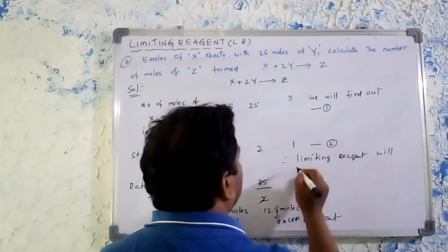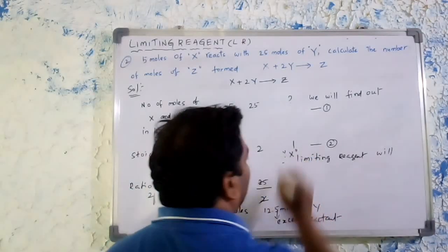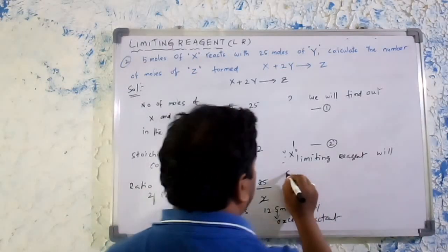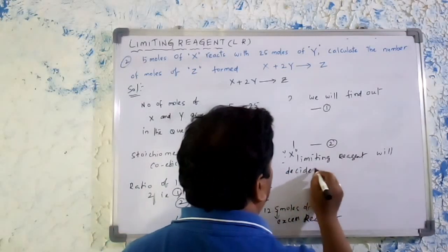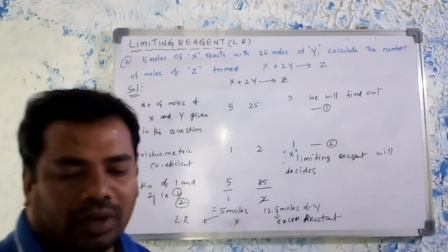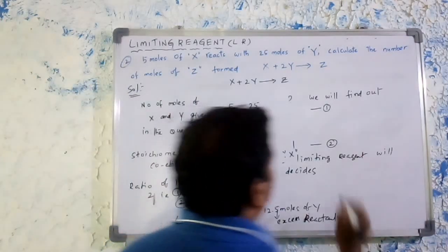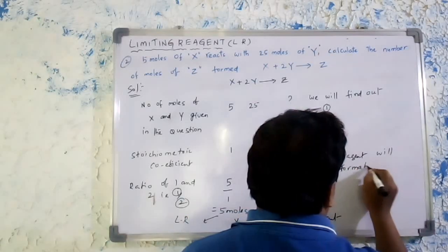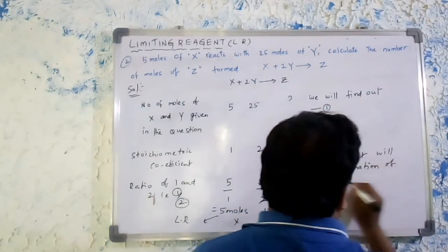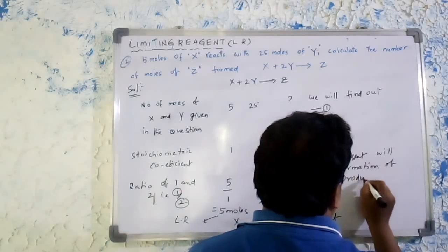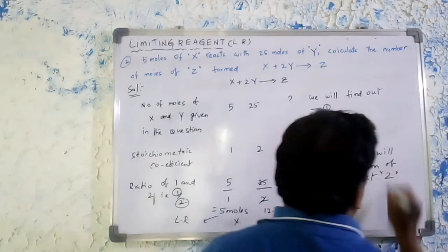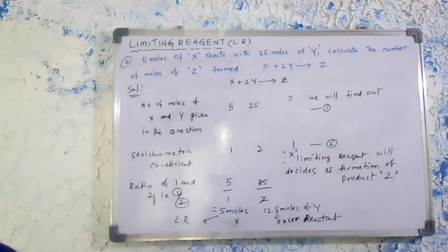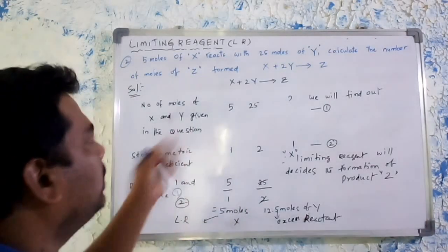Here X is the limiting reagent, and the limiting reagent will decide the formation of product Z. Then we will find out the number of moles of Z formed in the question.